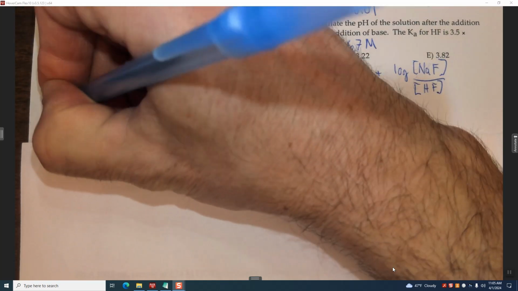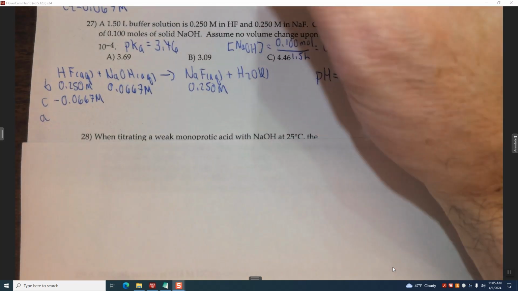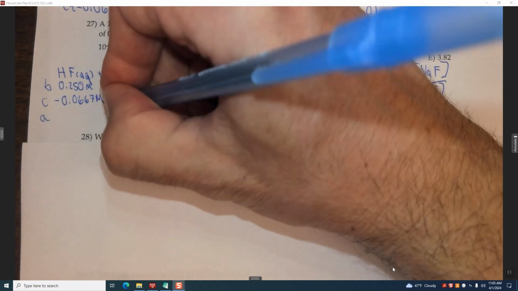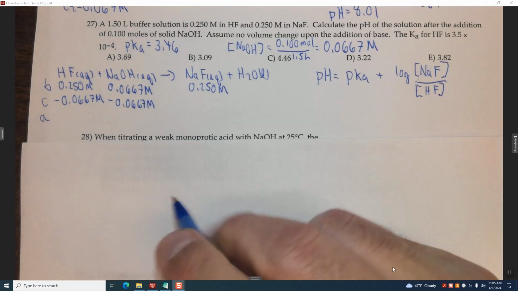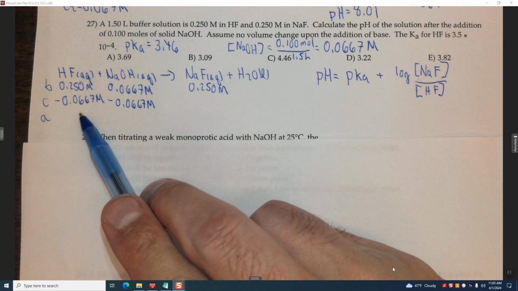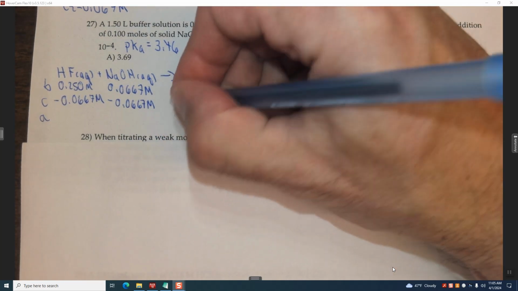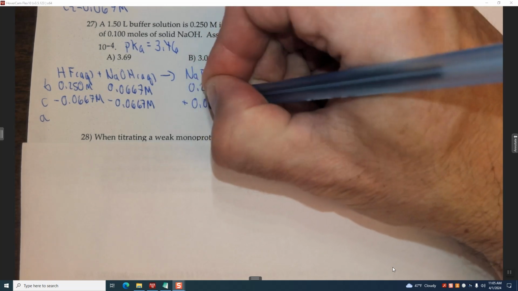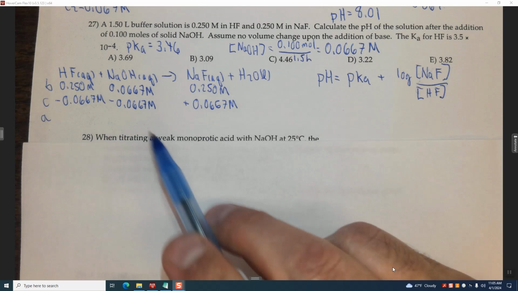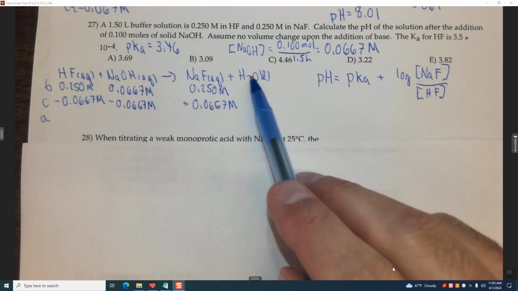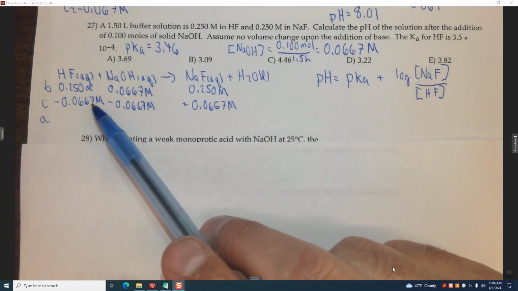So we're going to subtract 0.0667 molar of the HF, and subtract 0.0667 molar of the NaOH. These two react to form more of the NaF, so we're going to gain 0.0667 molar of the NaF. We're also going to get more water, but that doesn't matter because water is not in our expression, so we can just leave it alone.